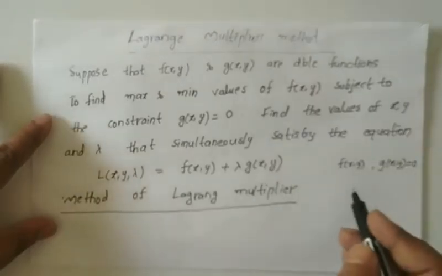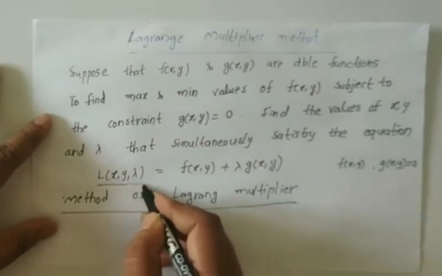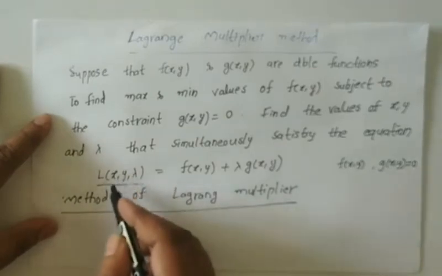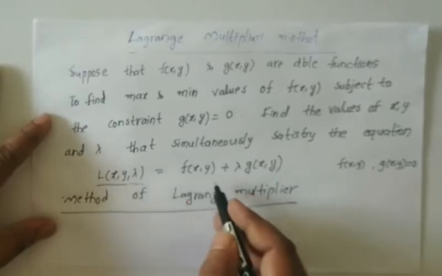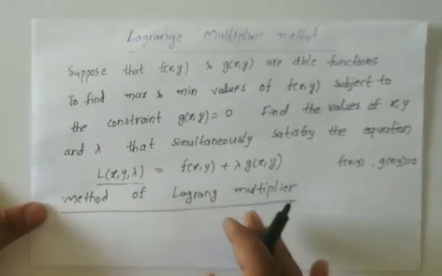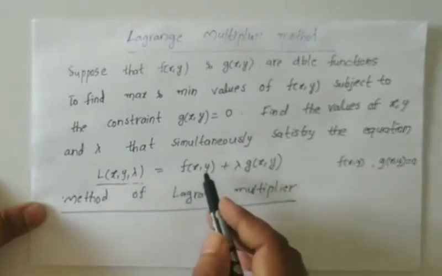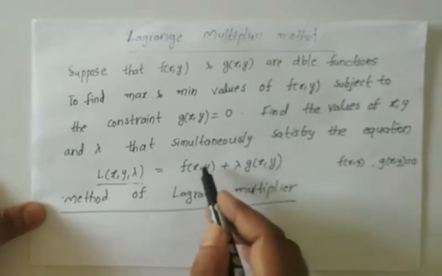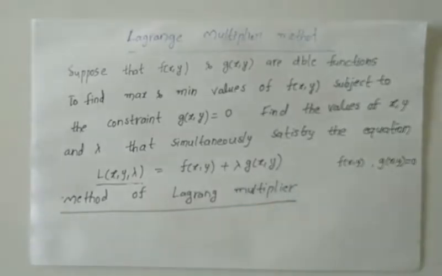Next, we have to construct a function L of x, y, lambda, which is also called the Lagrangian, as follows: f of x, y plus lambda into g of x, y. That means Lagrangian is nothing but the combination of objective function and constraint function with lambda.